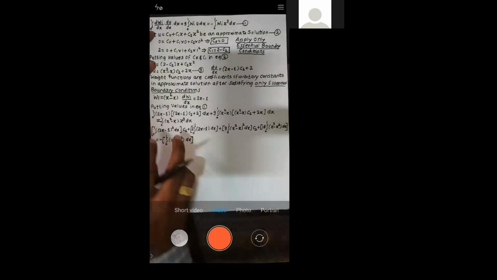So tell me this value, coefficient of C2. Tell me, what is the coefficient of C2? All of you do it immediately and tell me the coefficient of C2. 0.33. Salman Khondegar, tell me, what is the value of C2?